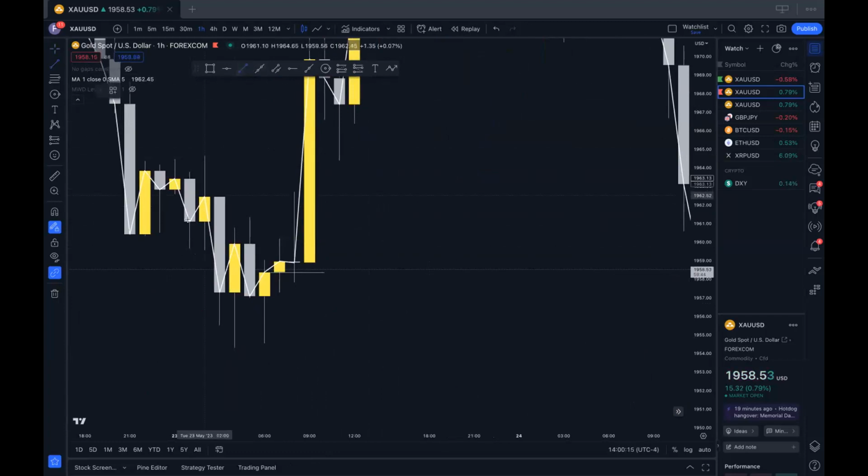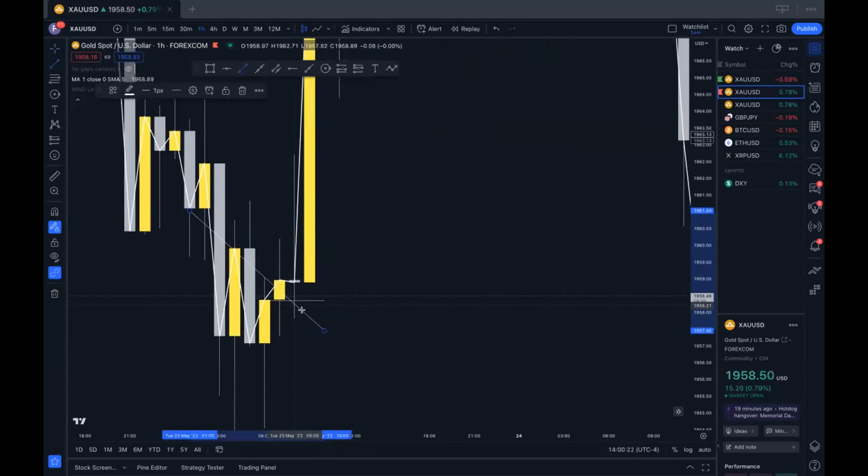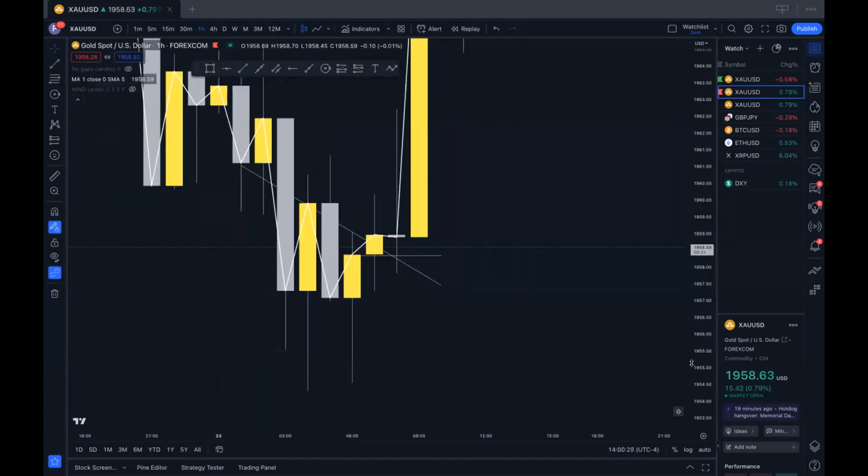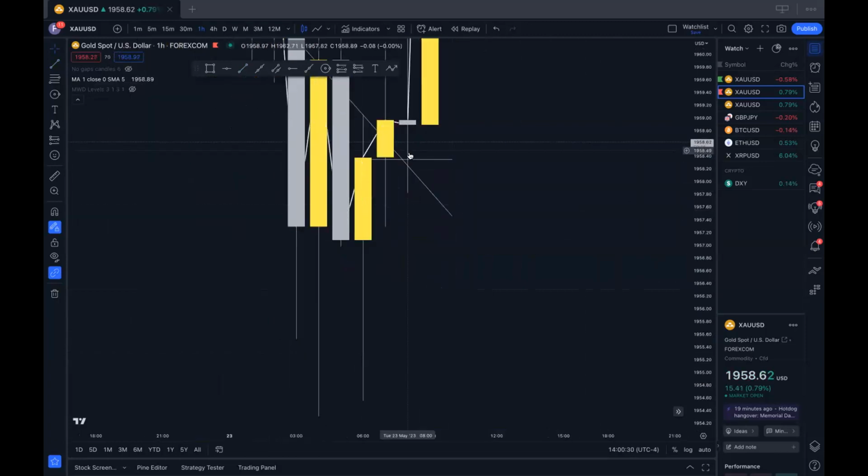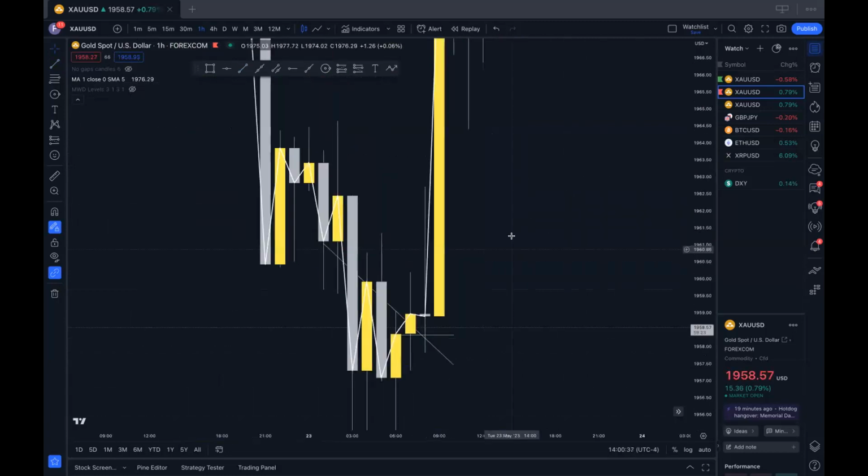Please don't do that. Only at high probability zones. But you could see price tapped into our gap level and then our trend line. It jabbed into our SNR first and then our trend line. Cool.